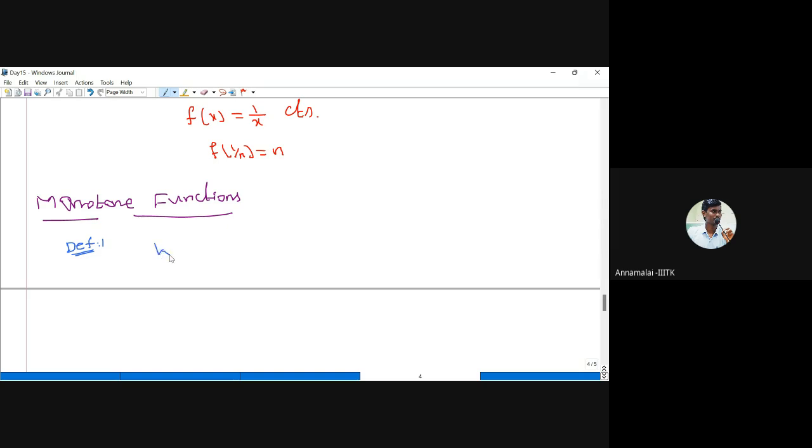We say that the function f from the interval J to R, need not be continuous, just any function, where J is a subset of R, is said to be strictly increasing if you take any two points x, y in the domain with x strictly less than y, implies f of x is also strictly less than f of y.